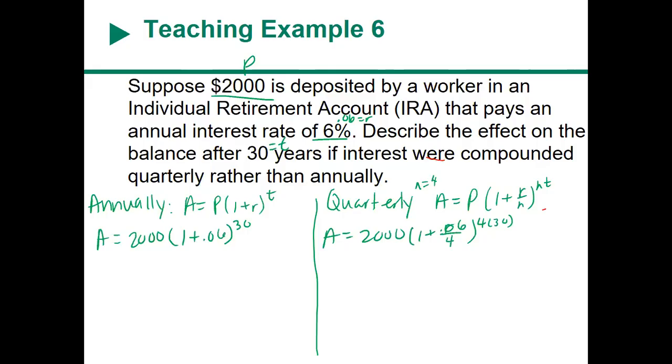So how much money did he make annually if he compounded annually? 11,486.98. How much did he make if you compounded quarterly? $11,938.65 is what I was looking for.